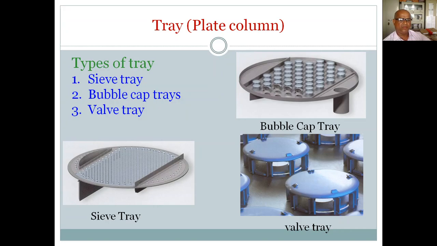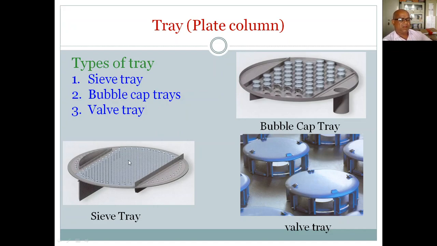But if the liquid flow rate is okay and the gas flow rate is very high, then the column will flood with liquid, because if the pressure drop between two consecutive trays is higher than the liquid holdup, then the liquid will go up and slowly fill the column. So this is one shift, and you understand there is some problem.